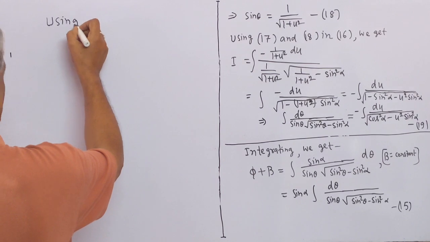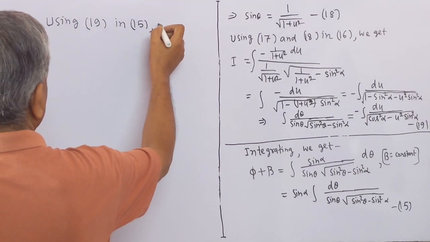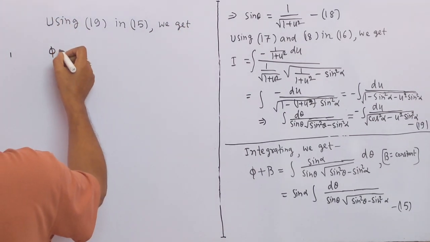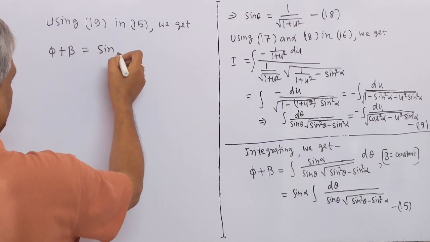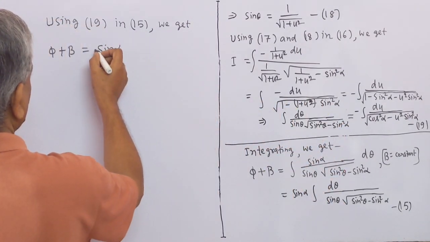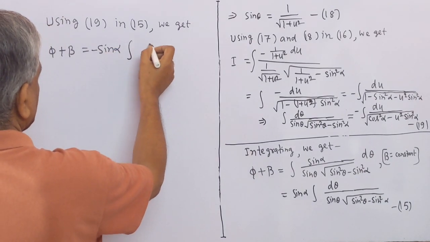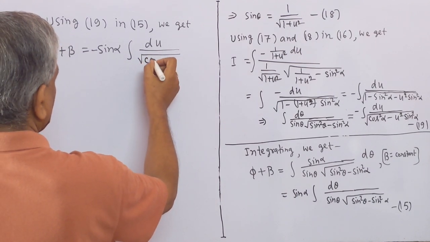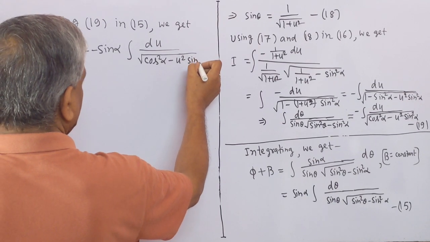Using 19 in 15, we get phi plus beta equals sin alpha times, here we have minus, so we write minus integration du by square root of cos square alpha minus u square sin square alpha.